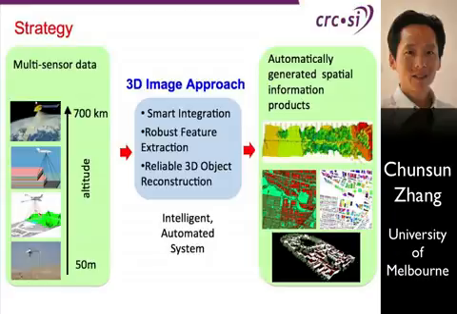On one hand, the remote sensing data is integrated to generate a 3D image, while the 3D image contains as much of the input information as possible, and the information inside the 3D image is reliable and redundant, which facilitates processing by the feature extraction algorithms to generate spatial information products.